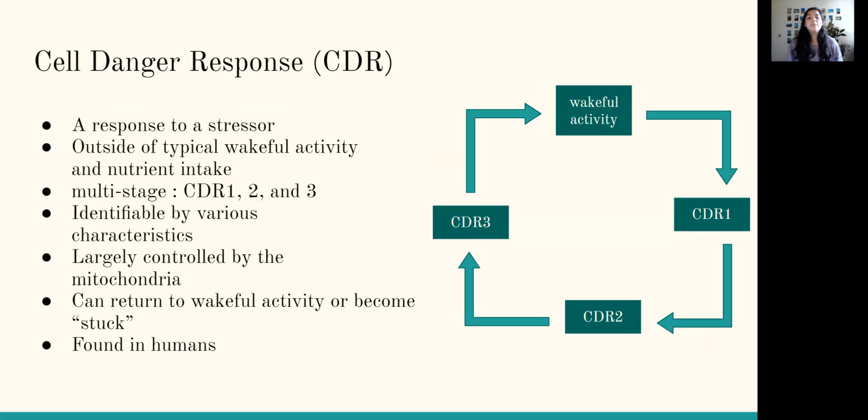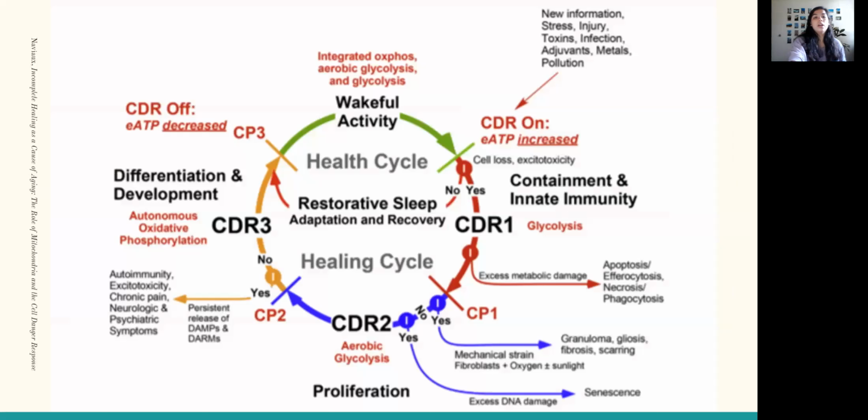However, sometimes our cells become stuck in these different stages, CDR 1, 2, and 3, or while in the cell danger response, they die. And so there are a couple outcomes to come from cell danger response. It is identifiable by multiple characteristics, and it's also largely controlled by the mitochondria, which is going to be important later in our discussion.